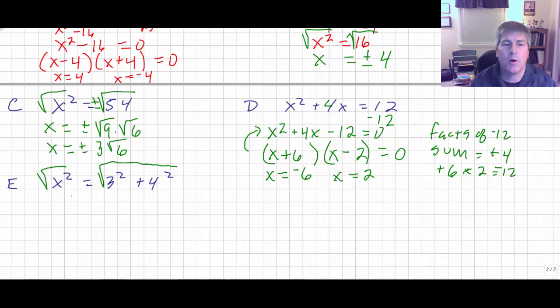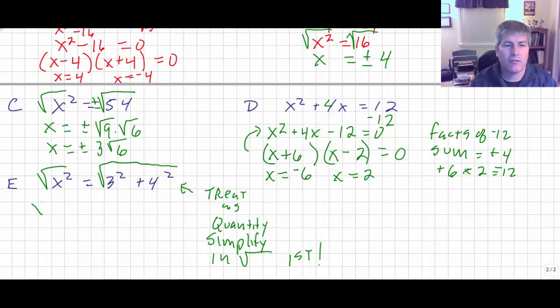And I'll show you in a moment that the square root of 3 squared plus 4 squared is not equal to the square root of 3 squared plus the square root of 4 squared. So we have to treat this as a quantity and simplify inside the square root first, or under the radical first. Make sure you do that first.